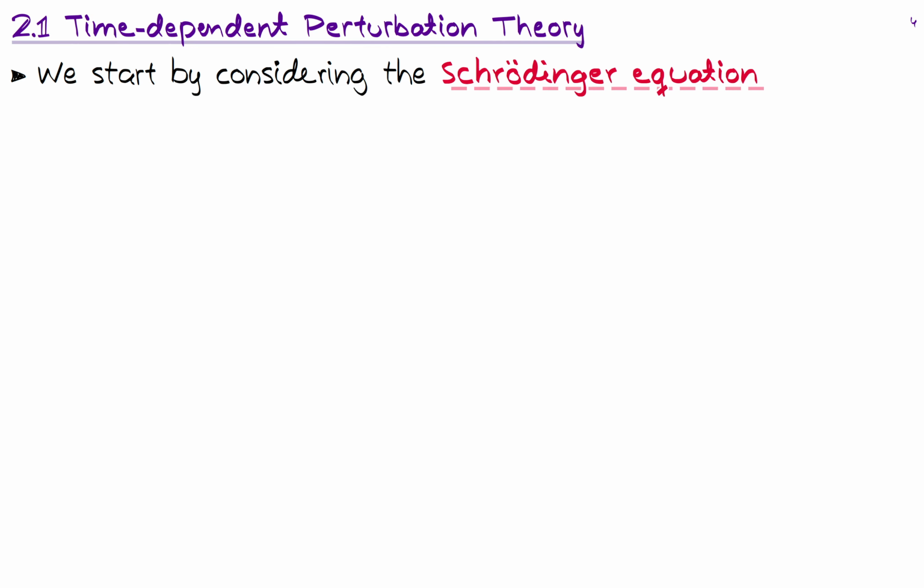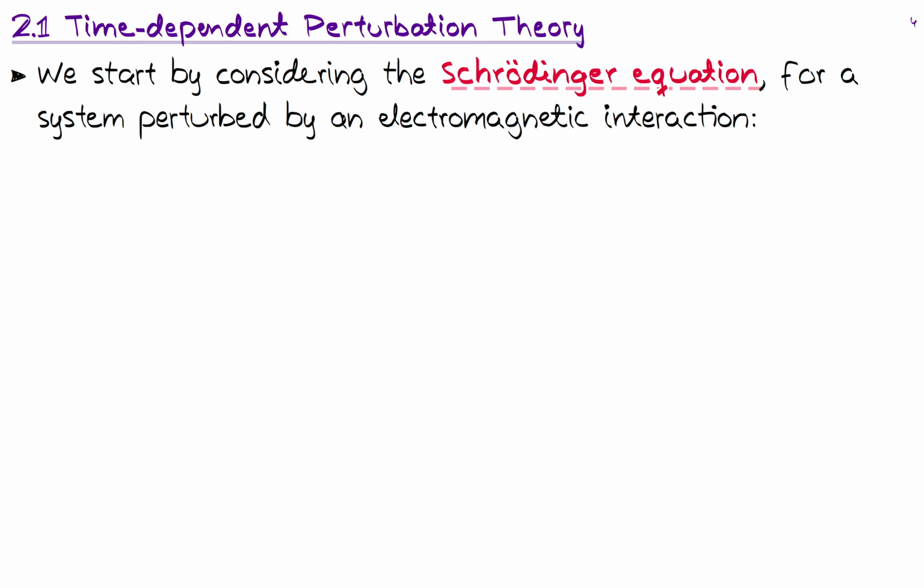Okay, so like always when we try to understand quantum mechanically how electrons and other quantum mechanical objects behave, most of the time we solve the Schrödinger equation. So we first write a system that is perturbed by an electromagnetic interaction, in Hamiltonian formalism for the Schrödinger equation.